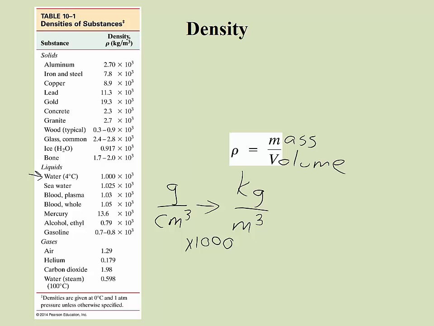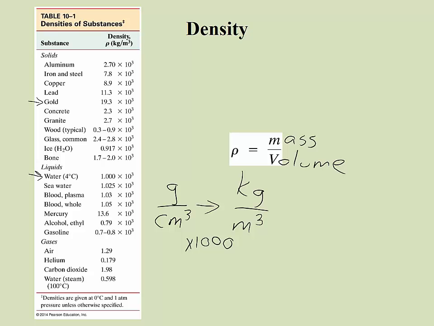density decreases some. If we also take a look here at gold, for example, gold has an extremely high density, 19.3 times 10 to the third kilograms per cubic meter. We often think of lead as being really heavy, but lead is only 11 times 10 to the third. And then we have our woods, which are less than 1 times 10 to the third, and bone is around between 1.7 and 2.